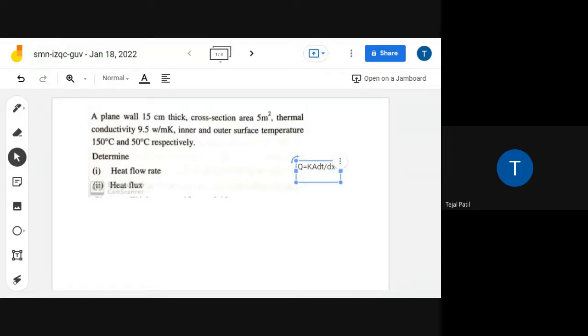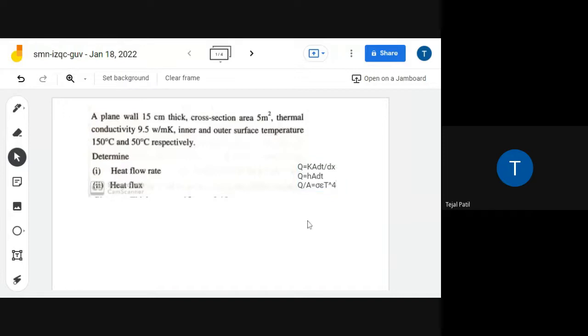This is for conduction, this is for convection, and the last one is for radiation, T to the power of 4.